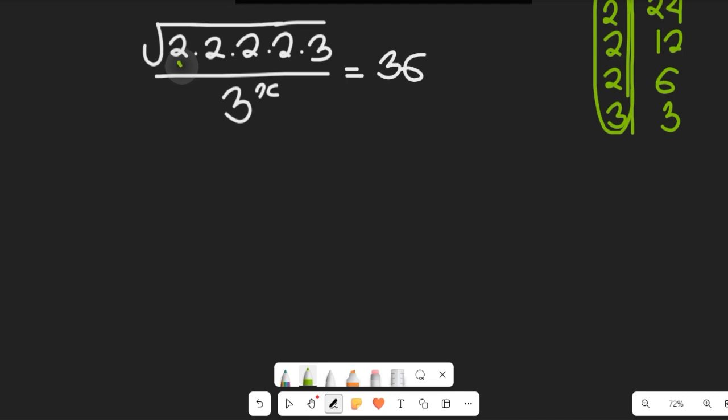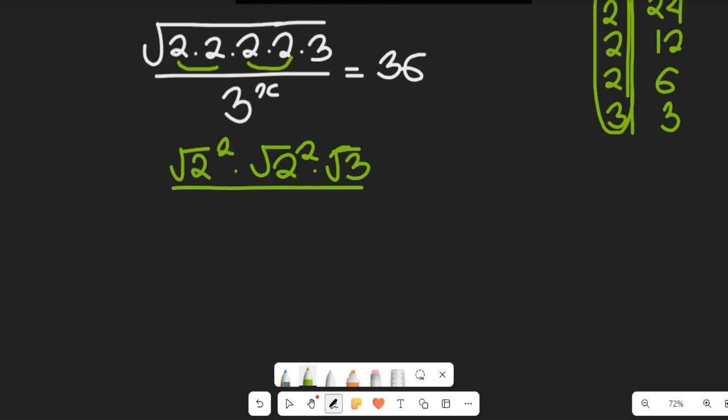If I simplify this, I'm going to tie up these two and tie up these two, and that simply is going to give me the square root of 2 squared, multiplied by the square root of 2 squared, multiplied by the square root of 3, and all these will be divided by 3 to the power of x equal to 36.